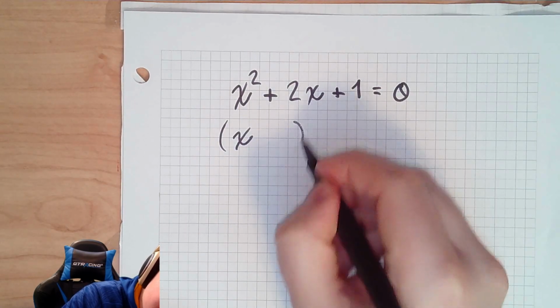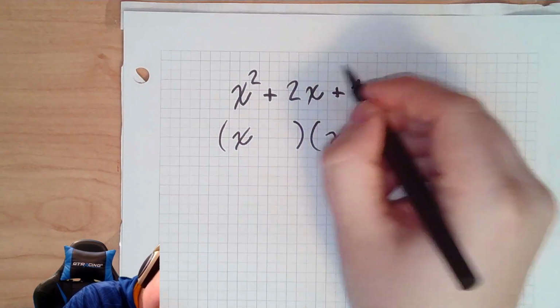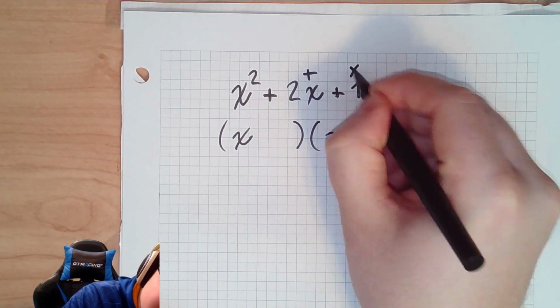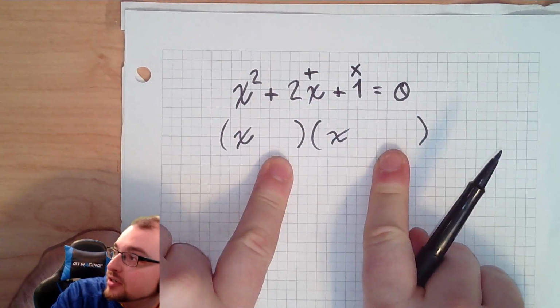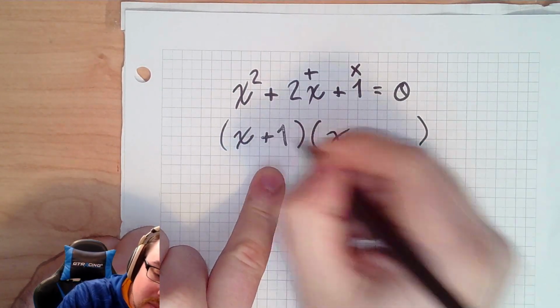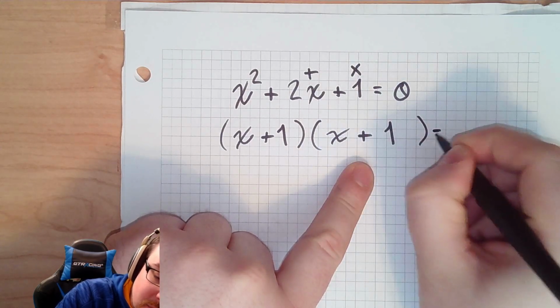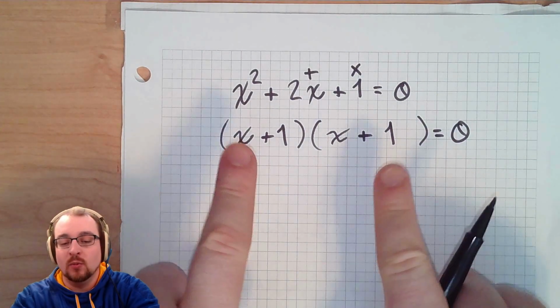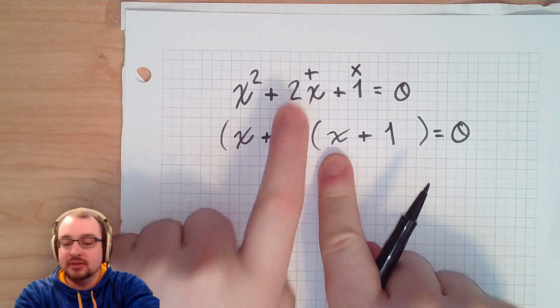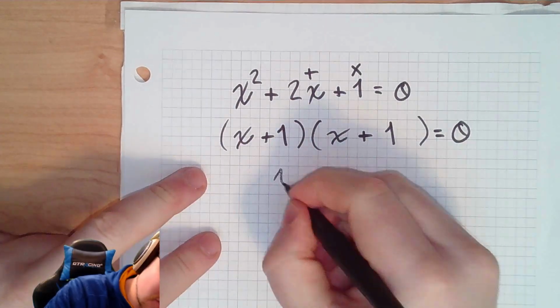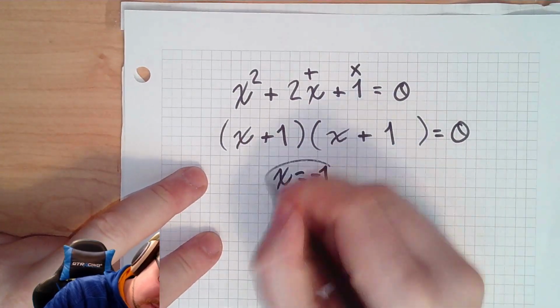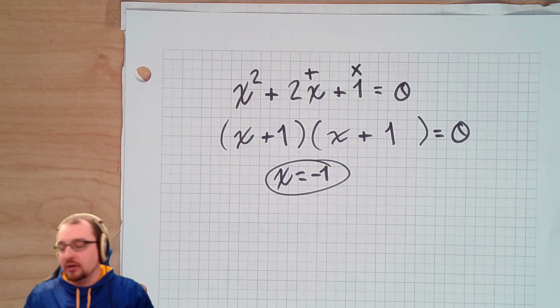We can factor this. Add up to this total x's and multiply to that. That's what numbers have to go here, right? And of course, 1 and 1 are the numbers we need. So we get 1x, that's 2 x's, and 1 times 1 is 1. So our answers are double roots. Both are negative 1, right? We feel okay with that.